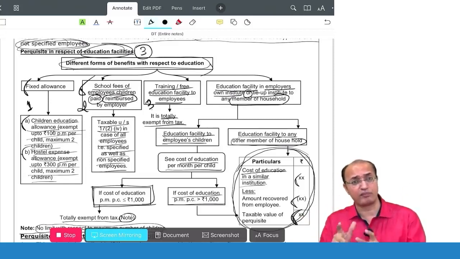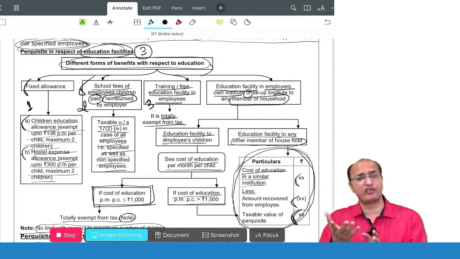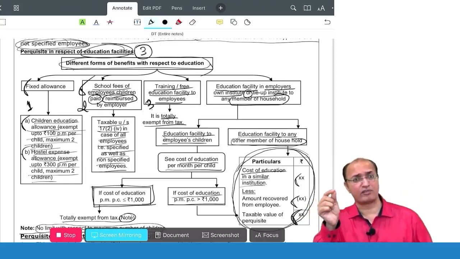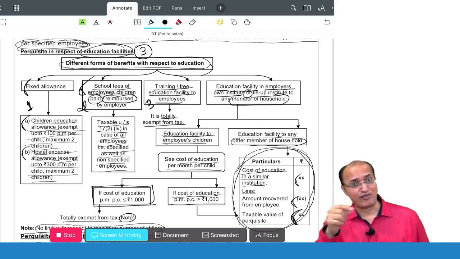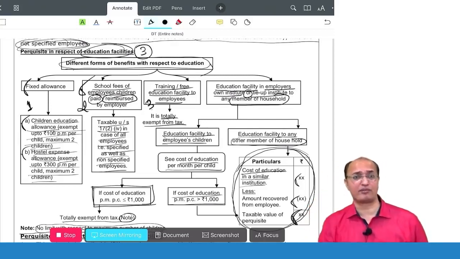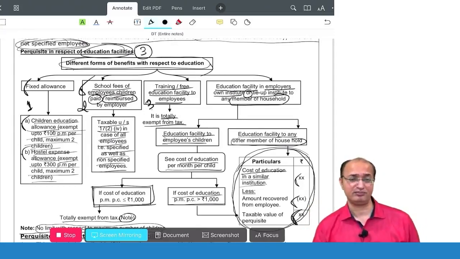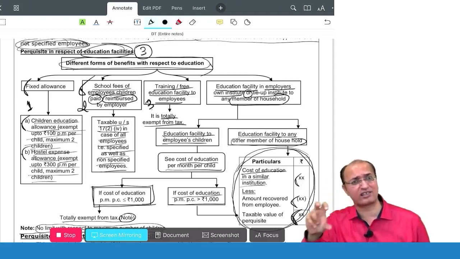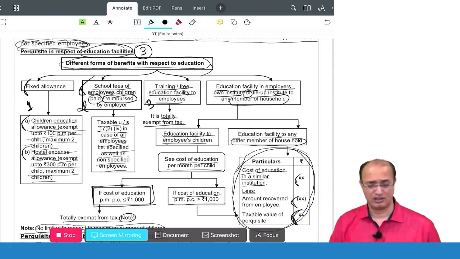And if the cost per meal was more than 50, then we used to take the cost per meal, from that deduct 50 rupees as exemption, then deduct the amount recovered from the employee, and the balance was taken as the taxable value of perquisite. So if the cost per meal is more than 50, 50 was deducted as an exemption.